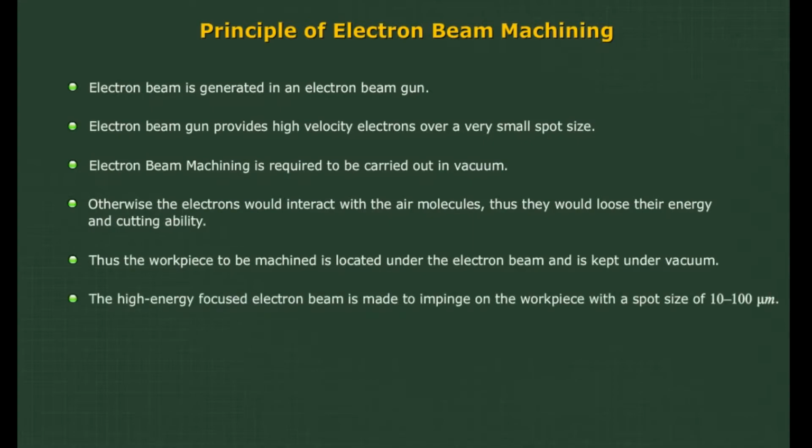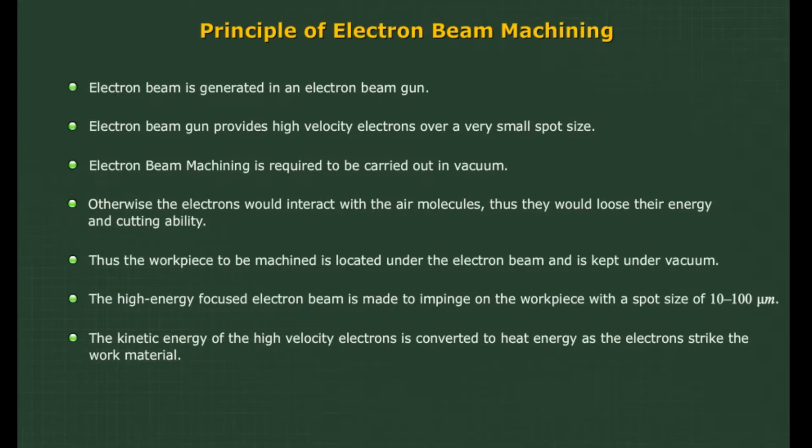The high-energy focused electron beam is made to impinge on the workpiece with a spot size of 10 to 100 μm. The kinetic energy of the high-velocity electrons is converted to heat energy as the electrons strike the work material.